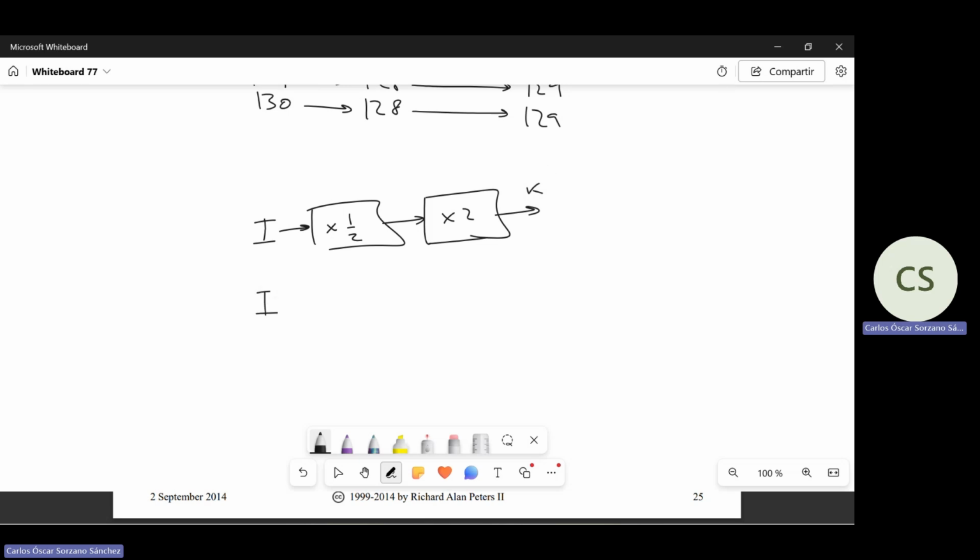On the other side, you first multiply by 2, and then you multiply by half, and you have K2. And these K1 and K2 are not the same. K1 is different from K2. We have seen at the level of histograms that the two histograms look different, so the two functions are also different. So these two operators do not commute. Why do they not commute?